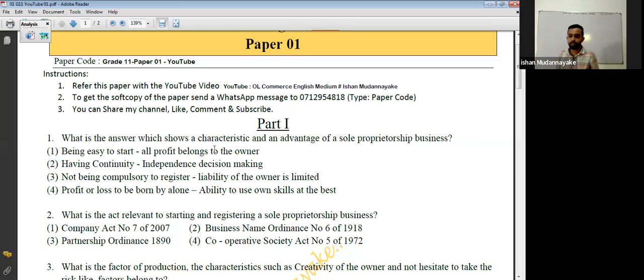What would be the possible answer here? The first part should be a characteristic, and the other should be an advantage. The fourth one is the answer: profit or losses to be borne alone, ability to use own skills at the best.